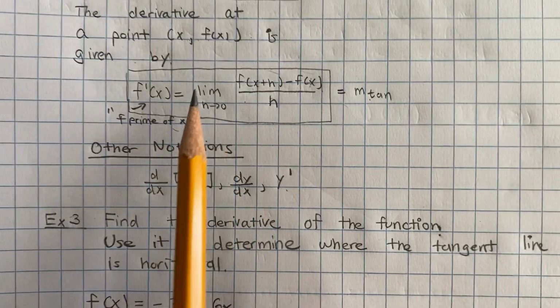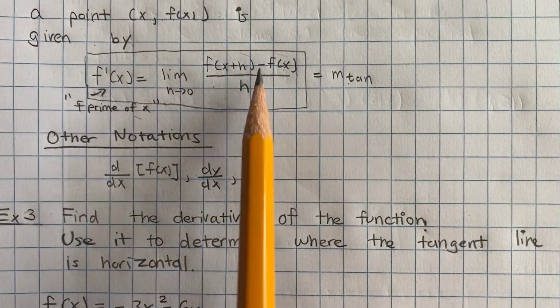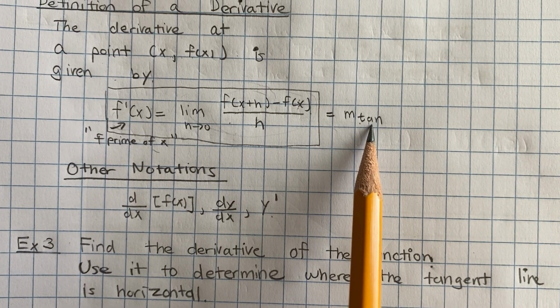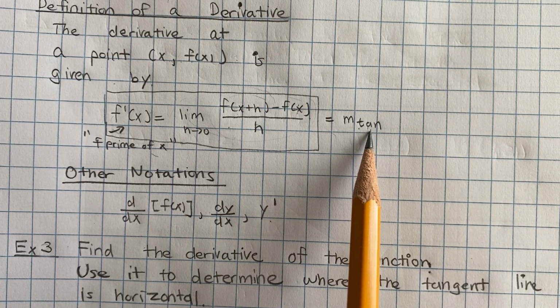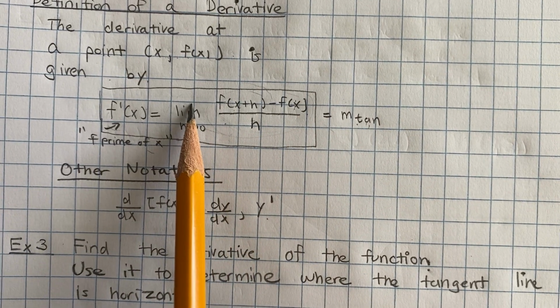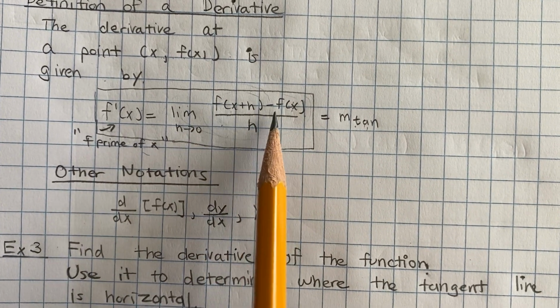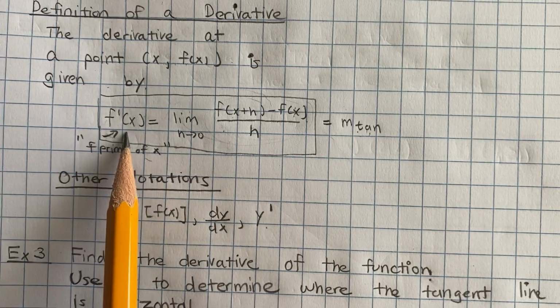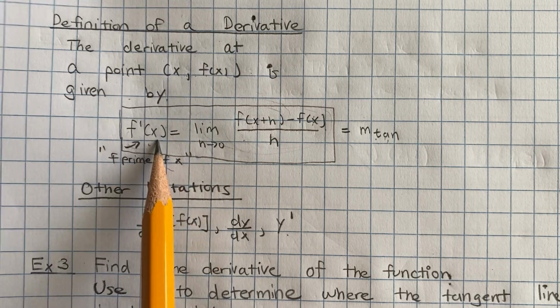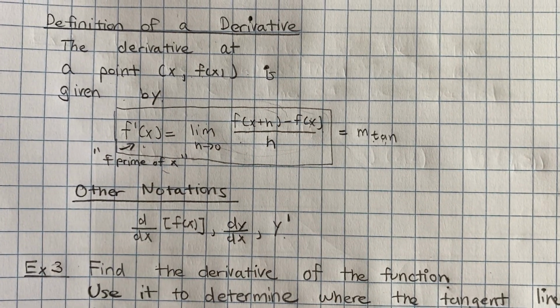But for now, just read this as f prime of x, this expression you've seen before, which is essentially the slope of the tangent line. Of course, this expression right here is the slope of the secant line. But once you take the limit as h goes to 0, the slope of the secant line becomes the tangent line, which is f prime of x. Long story short, the definition of a derivative at a point is basically the slope of your tangent line.